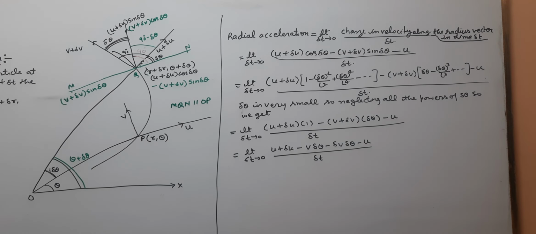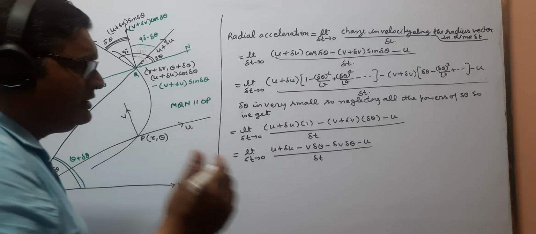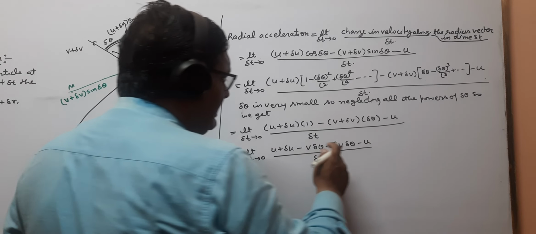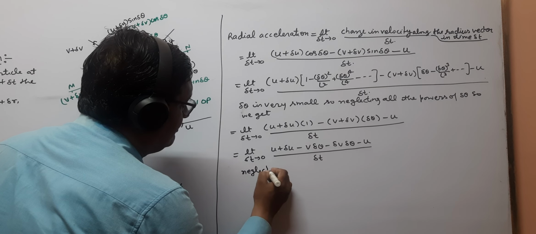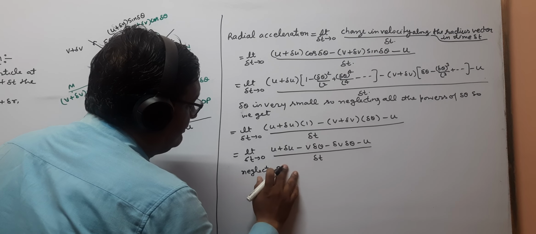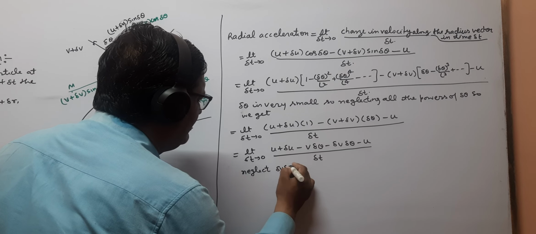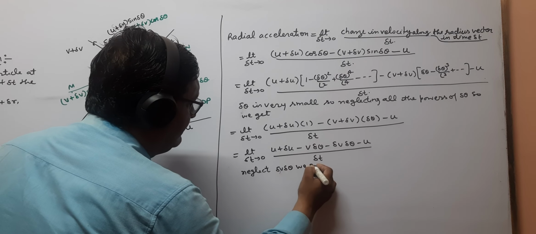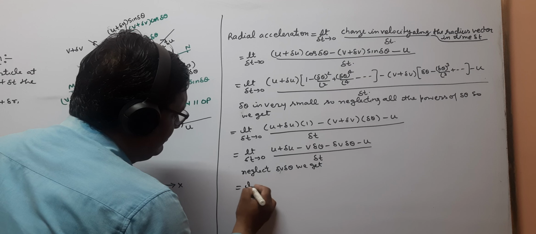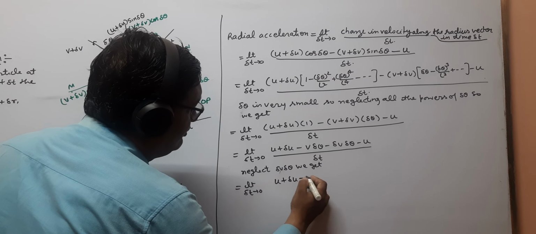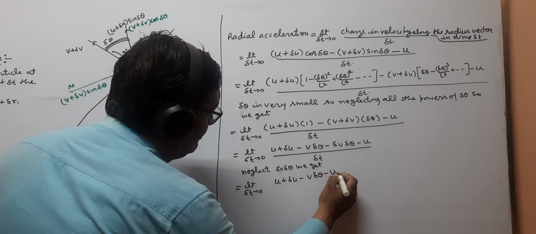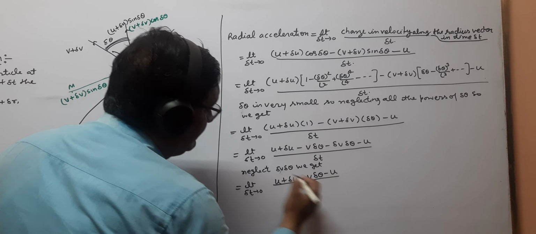Here del theta is small quantity, del v is also a small quantity. The product of del v and del theta is also a small quantity, so we neglect del v into del theta, we get limit del t tends to 0, u plus del u minus v del theta minus u divided by del t.